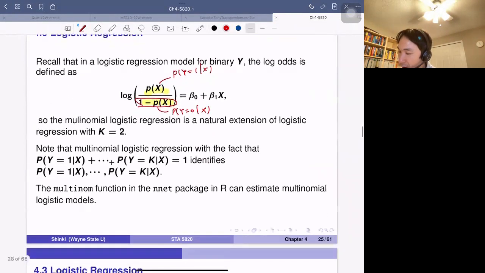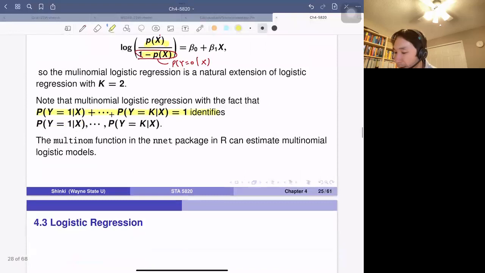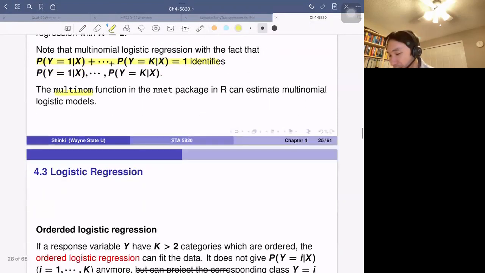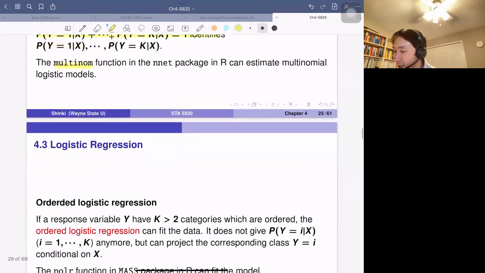So it's a pretty natural extension of logistic regression, but with many parameters, so we have to be careful. We only need k minus 1 ratios because total probability is 1. This can be fit by the multinom function in the nnet package. nnet is neural net, and a neural network is a kind of multi-layer logistic regression. That's why this function is in the nnet package.